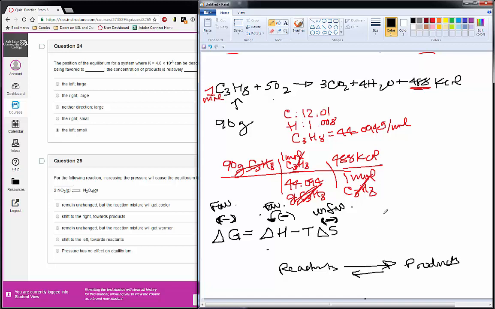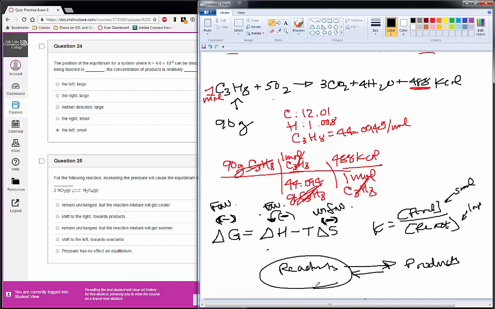Of course, if we're looking at equilibrium, your K is your products divided by your reactants. And if your K is a really small number, then that means that this is large and this is small. And that's what's going to give you a small K value. So favored to the left, and products relatively small.